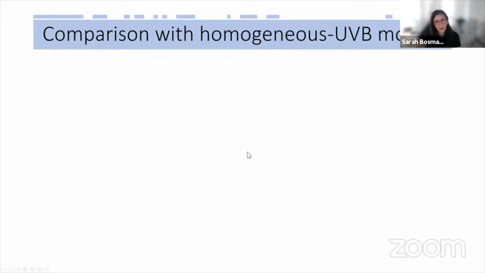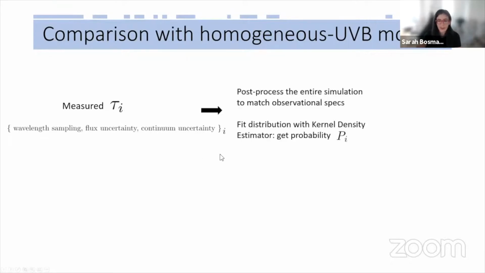All right, so for our comparison, we use a fully forward-modeled maximum likelihood approach in which for each measured optical depth tau along a sightline, we post-process the entire simulation to the optical specificities of that sightline, including any masking, wavelength sampling, flux uncertainties, and continuum uncertainties. We compare that to observations to get the probability of measuring this tau in this sightline.